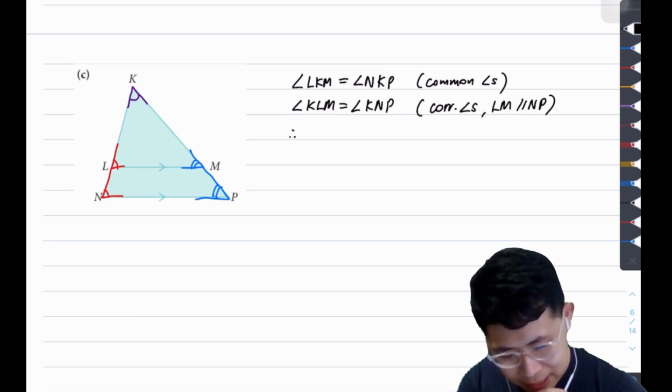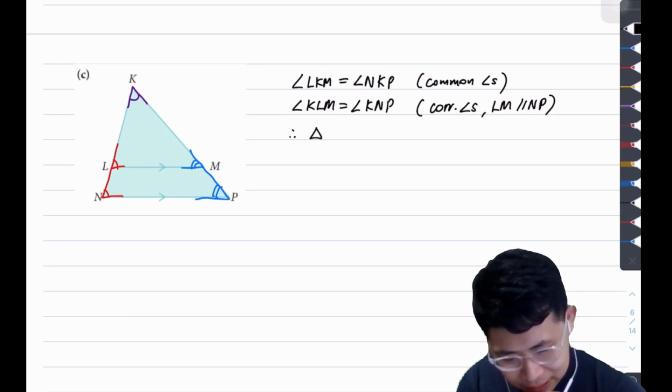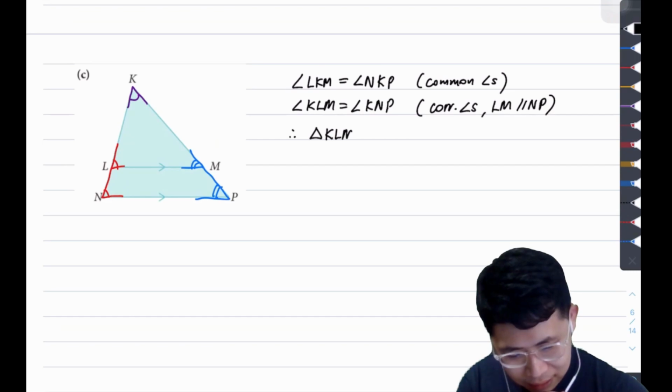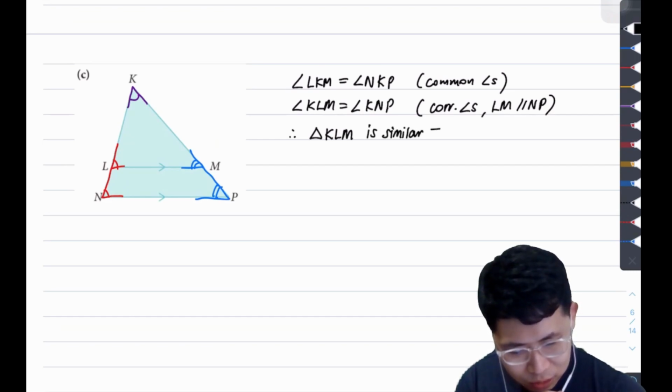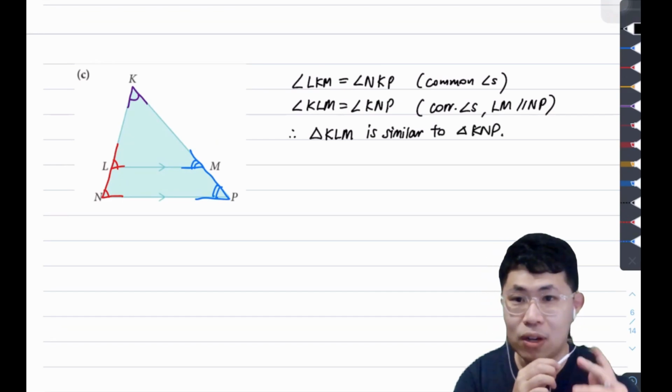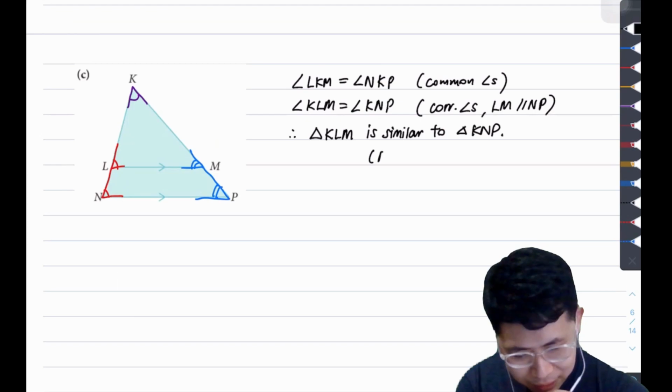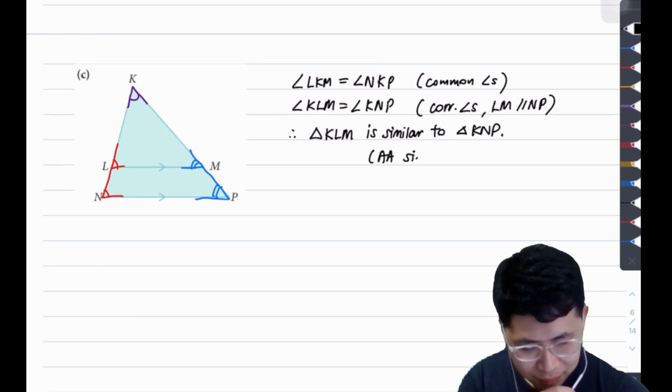And because of this, let's match. So triangle KLM is similar to triangle KNP because of two angles. So the reason is AA similarity.